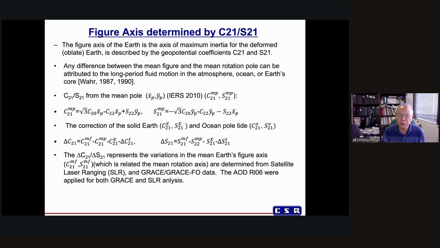And the difference between the mean figure axis and the mean rotation pole can be attributed to non-pure fluid motion in the atmosphere, ocean, and the core. Now, this is C2S21 from the mean pole, according to the IERS 2010 conventions.